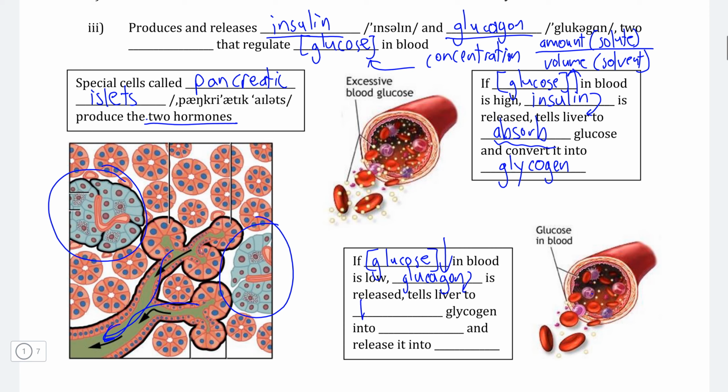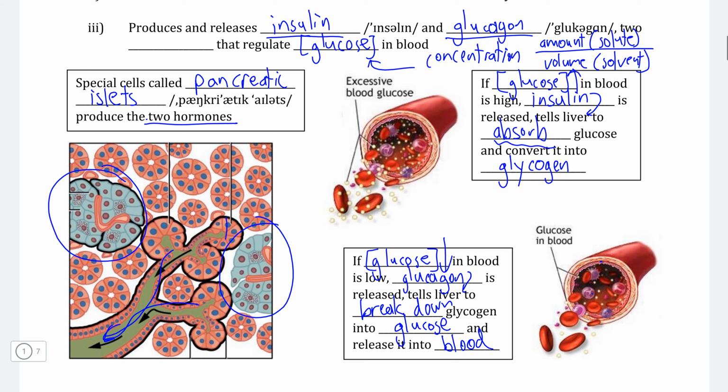It's going to tell the liver to break down glycogen by doing hydrolysis reactions to break glycogen into individual glucose molecules, and once these glucose molecules are broken down, they are released into the blood, where your blood can carry them to the parts of your body that require energy the most.